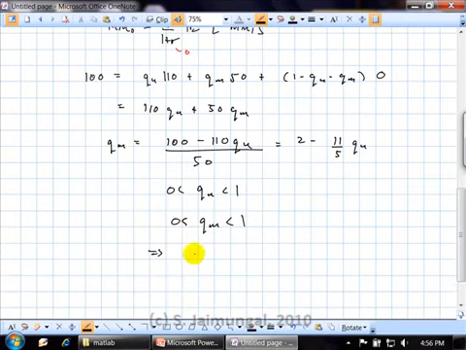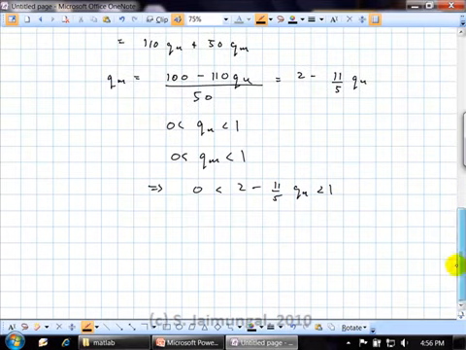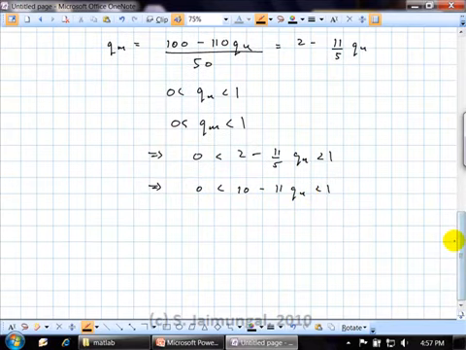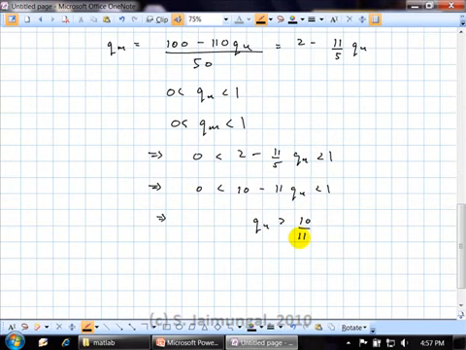And this implies 0 is less than 2 minus 11 over 5 QU is less than 1, and let's just, maybe I'll multiply everything by 5. So we get 10 minus 11 QU is less than 1. I know I'm doing this in gory detail here, but I think in this first example it's worthwhile. So we get QU is bigger than 10 over 11, okay, from the upper, sorry?